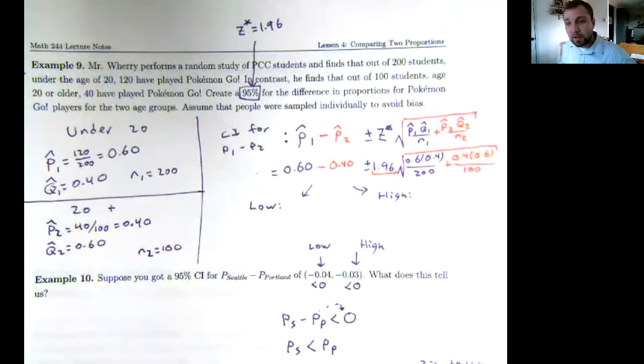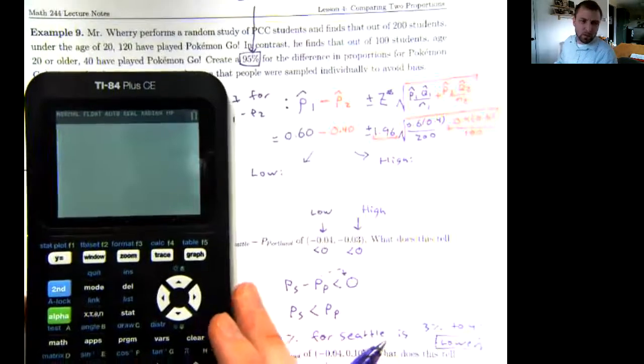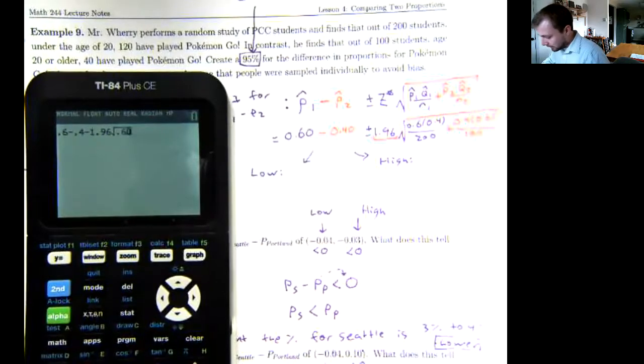When I type this into my calculator, I'm going to show you a little bit of a trick. So I'm typing in 0.6 minus 0.4 minus 1.96. I find that I don't have to go crazy with parentheses here. Order of operations keeps a lot of these things in place for me, so I really just need a start and ending parenthesis for the square root.